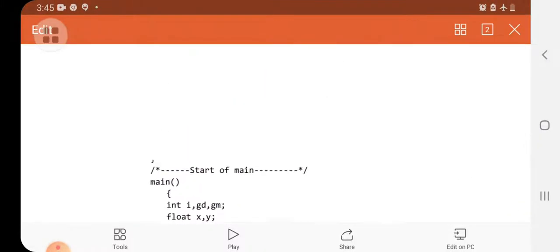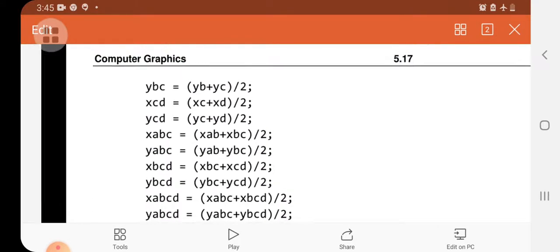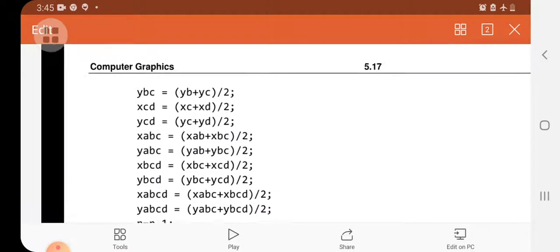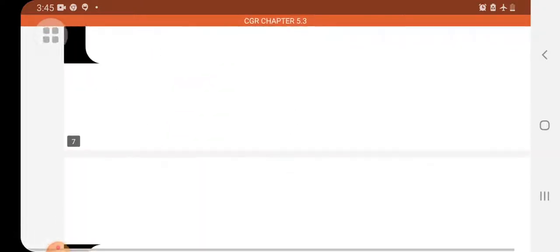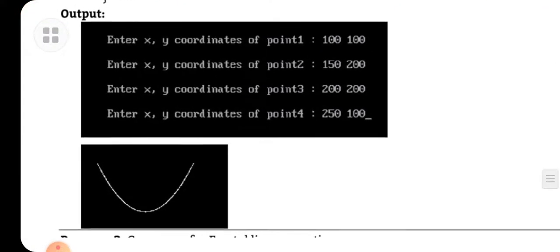So these are the programs here, and in these programs we have to use the algorithms, and after using these algorithms we can see the output like this.